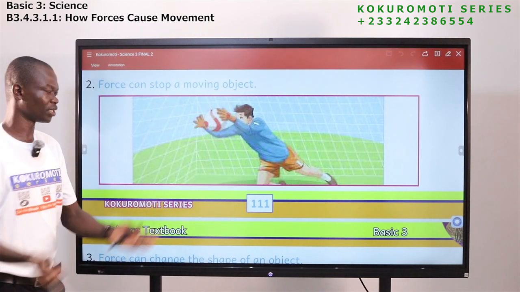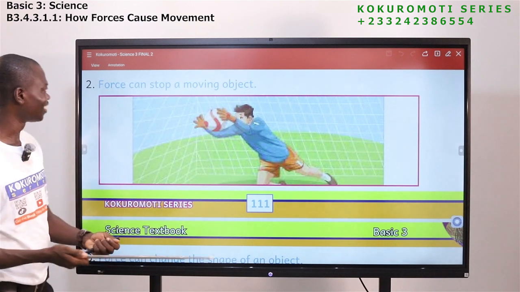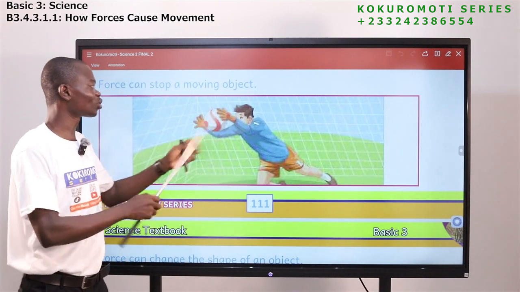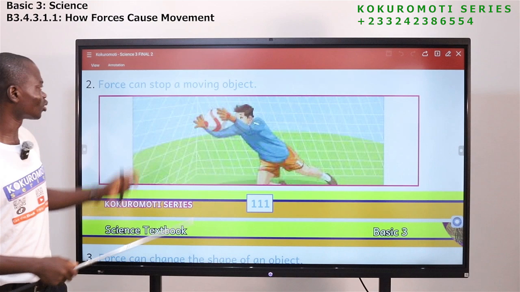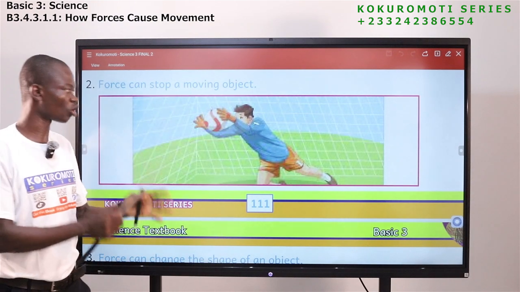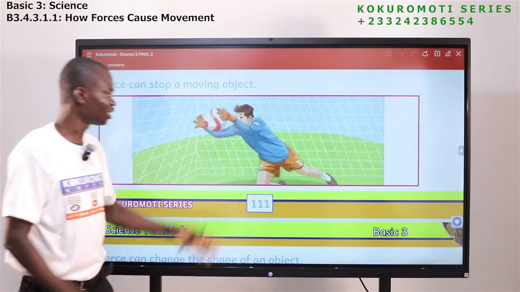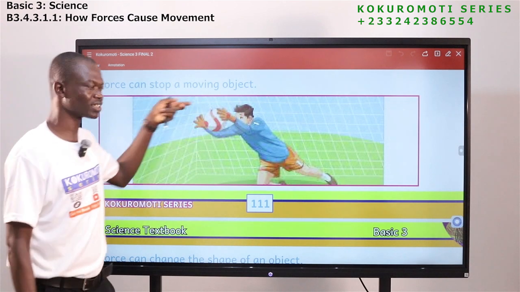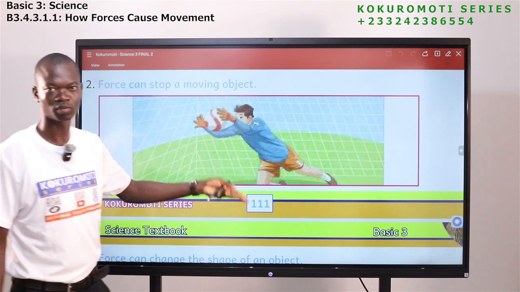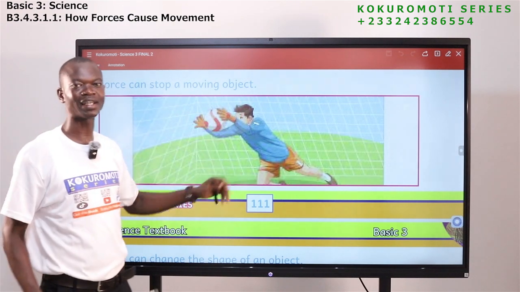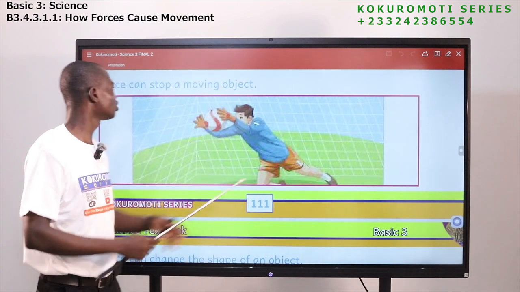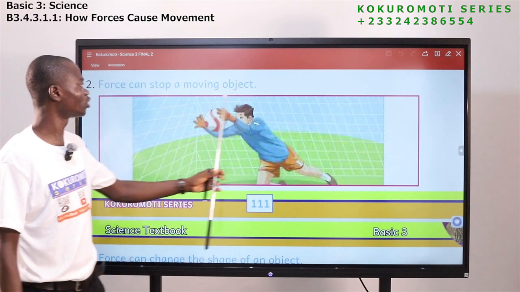The ball is coming with force. The goalkeeper is also catching it with force. If the ball is moving and you want it to stop, you also apply force. The keeper doesn't want the ball to enter the goal, so he needs to stop the ball, and he can stop it by applying force to it.